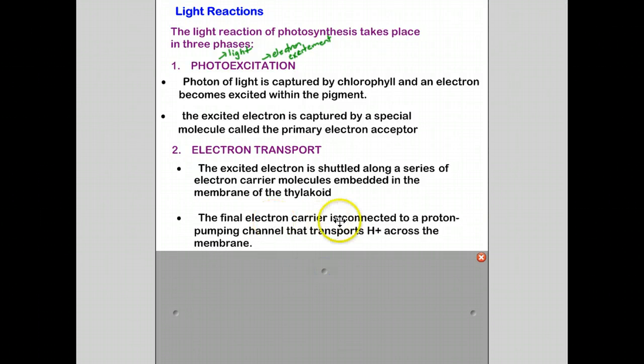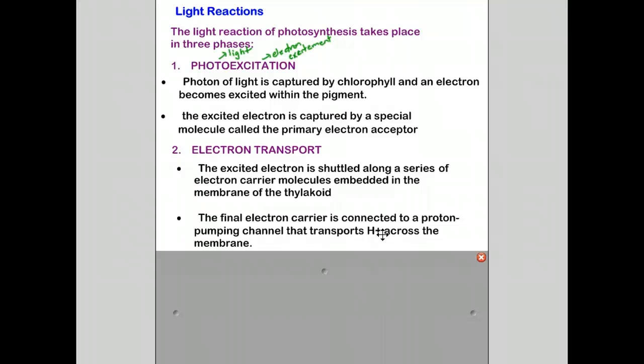The final electron carrier is connected to a proton pumping channel that transports hydrogen ions across the membrane. So if you recall, in our electron transport system, we had a bunch of proteins embedded in the membrane. And each time an electron came and left, it would help pump hydrogen ions to the other side of the membrane.